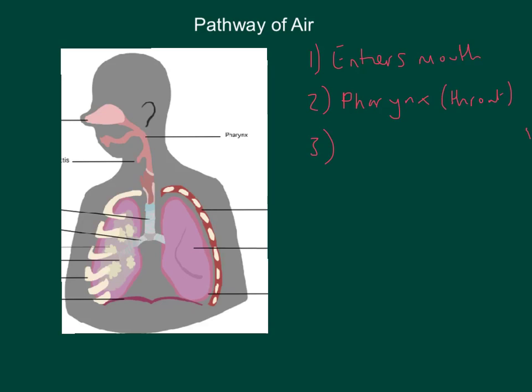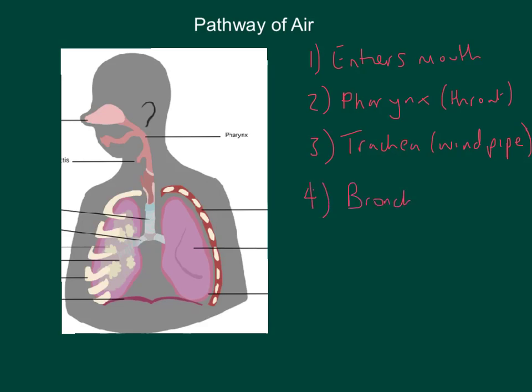So number 3, trachea, windpipe. Okay, once it goes on from the windpipe, it then enters what are known as the bronchi or the bronchus. So it splits off. Our windpipe comes down here, trachea splits off into 2 bronchi or bronchus.